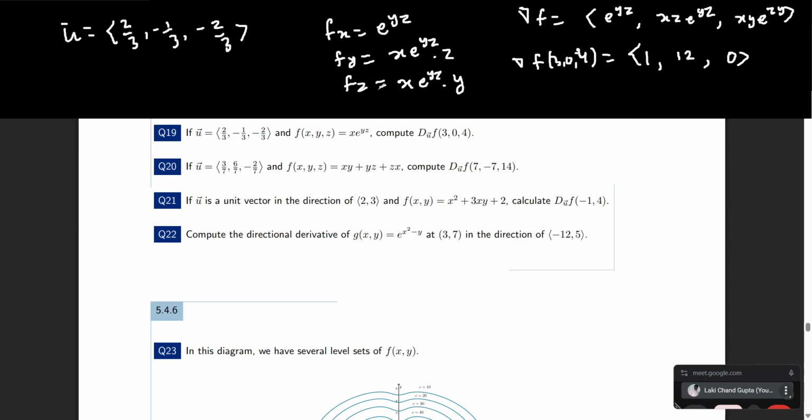And you know how to find this? It's the multiplication of these, which will be like the dot product here, right?